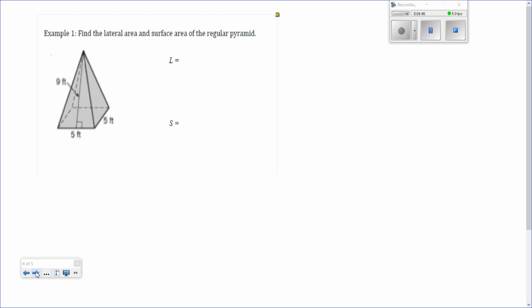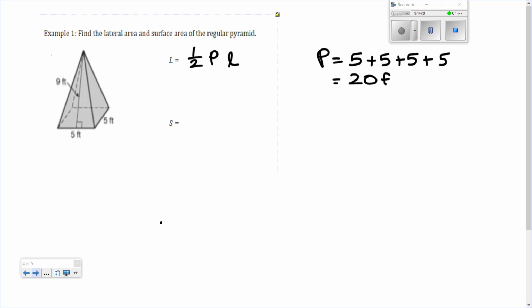Find the lateral area and surface area for our regular pyramid. I know that this formula is 1/2 P times L. I see that the perimeter of my base is going to be 5 plus 5 plus 5 plus 5, which is 20 feet. So this is going to be 1/2 times 20, and I'm given my slant height as 9. This gives me 90 feet squared.